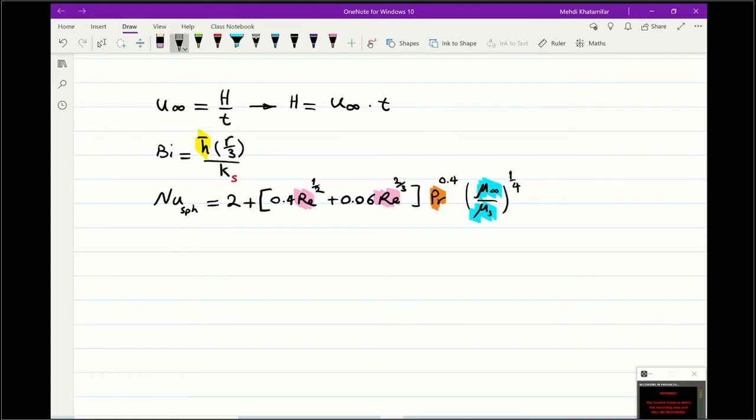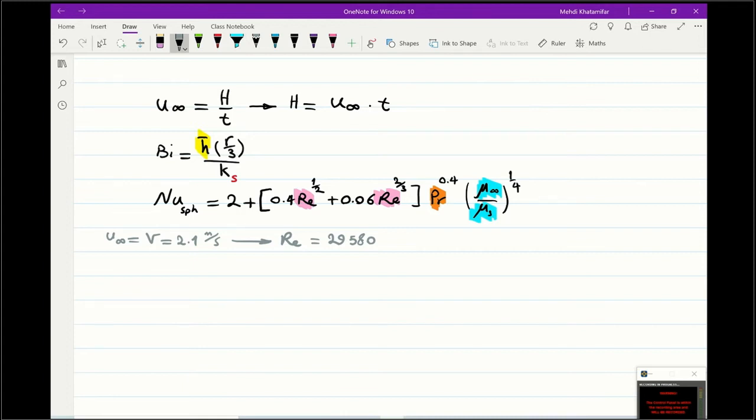Okay, we decided to use u infinity as 2.1 meters per second. So using this, the Reynolds number is going to be about 29,580 or something close to this. It depends on what nu you calculated, how you interpolated.